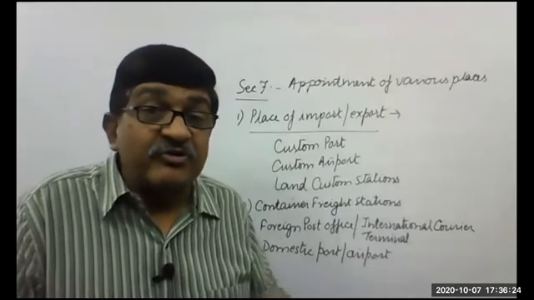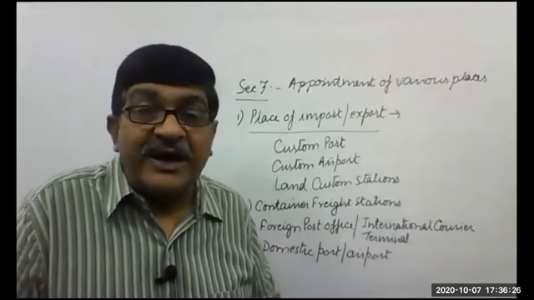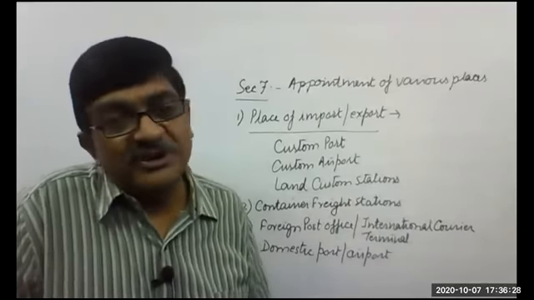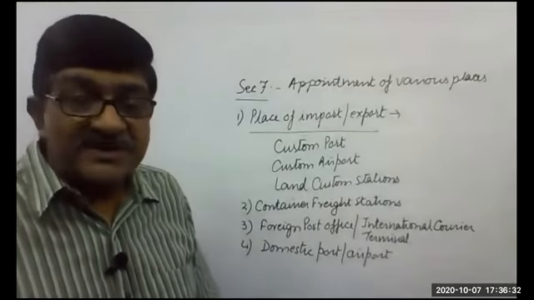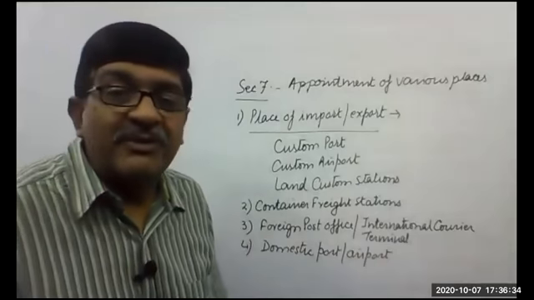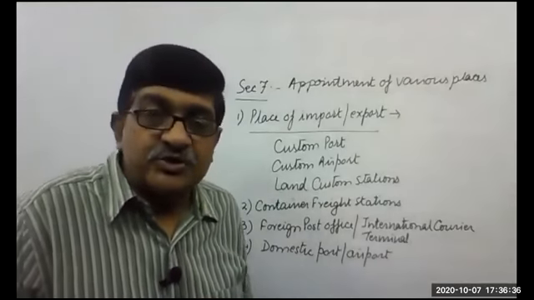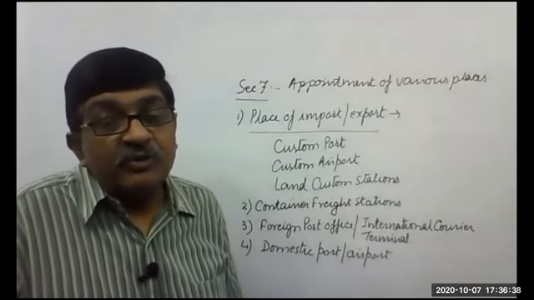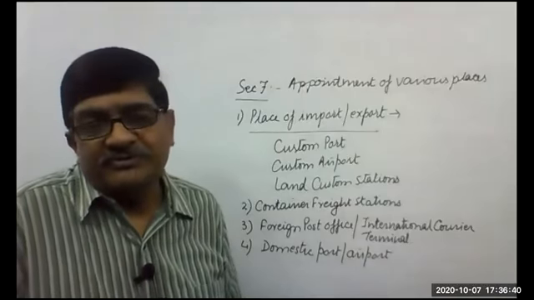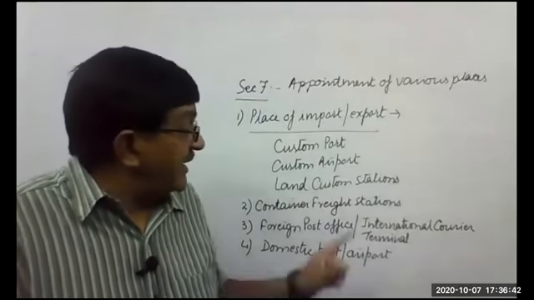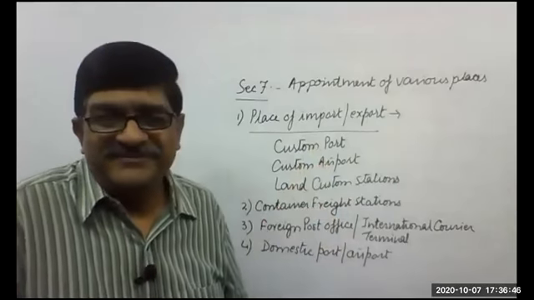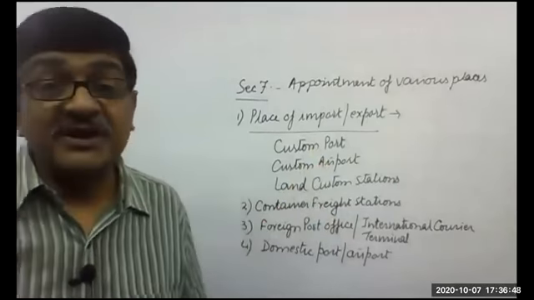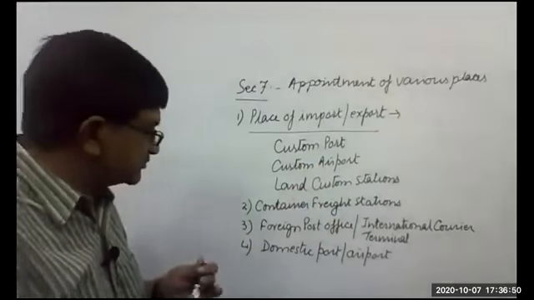You will find the presence of the customs department at both places, at the domestic port airport as well as the international port airport. But the presence at the domestic port airport is minimal. They will just ensure that these places are not used for import and export, and that is the responsibility of the customs department.